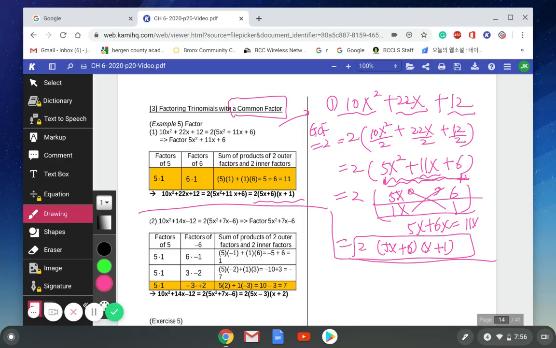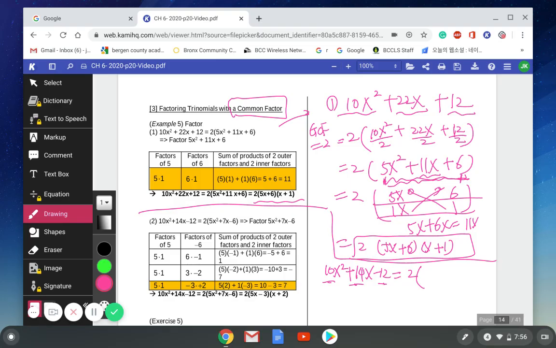Another example, let's say you have 10x squared plus 14x minus 12. Again, they're all even numbers. That means at least you have a 2 as a GCF. So take 2 out and divide all of them by 2. So it's a shortcut.